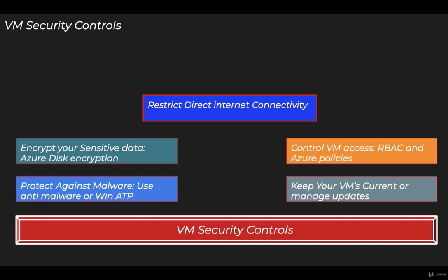We can update our virtual machines so that they are current and no updates or patches are missing. In that case, we keep our virtual machines secure and protected from attacks if there are any vulnerabilities or malicious activities happening. If the patches are updated, our virtual machines are secure.